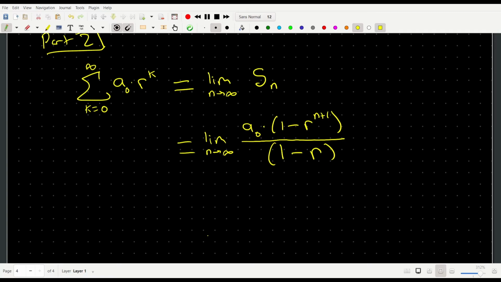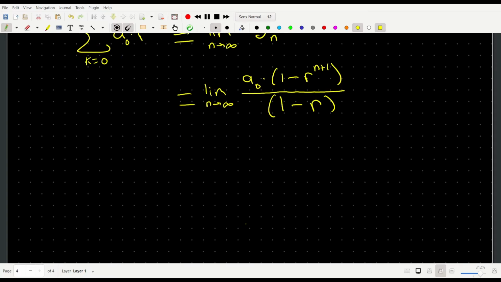And so we can rewrite this, for as long as r is not equal to 1, as a naught over 1 minus r times the limit as n goes to infinity of 1 minus r to the n plus 1.